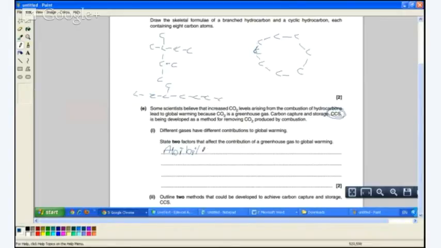Ability to absorb infrared radiation. I remember learning this, and the reason it stuck in my head was because I thought that's a weird way of answering the question.